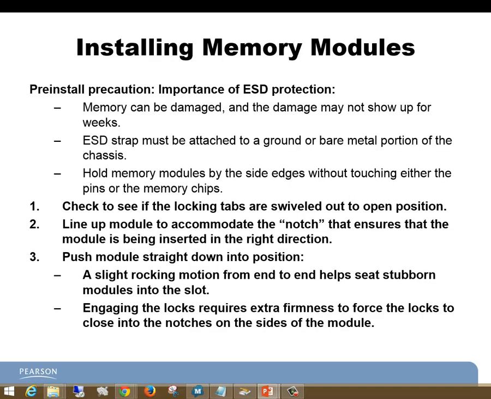So if you're going to put memory in a computer, be sure that you pay attention to electrostatic discharge. The memory is one of the parts of a machine that even just a light shock from static electricity can cause the memory to have problems. And what happens a lot of times is it doesn't completely damage the memory, it's just going to damage some of the addresses in it.